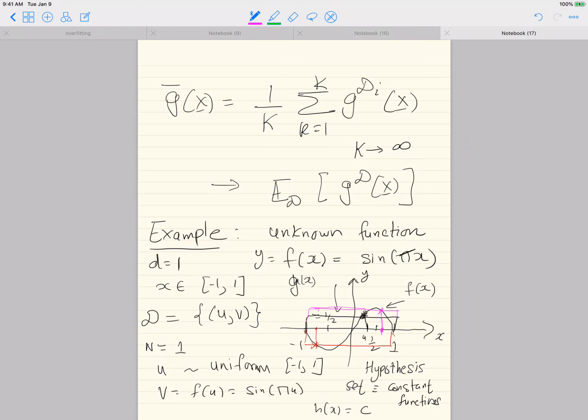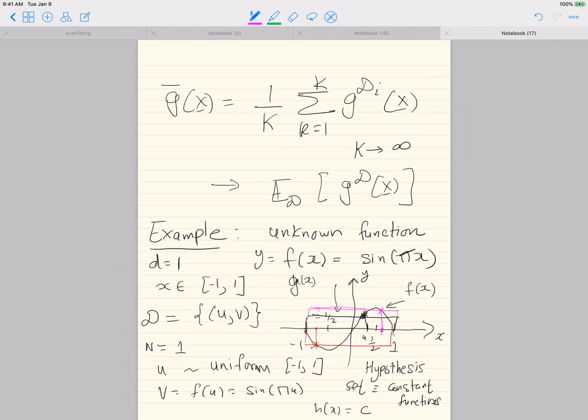Okay, it's always a constant line that passes through v, because what will be the training error here? If this was the point and this is the line you draw, what would be the training error? It will be 0. You're perfectly fitting one point, right? Questions? Okay, so we are clear.